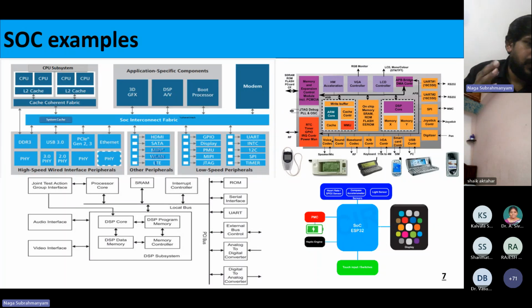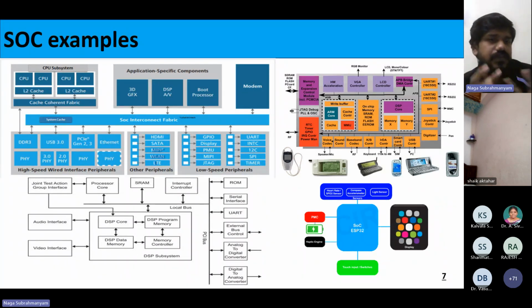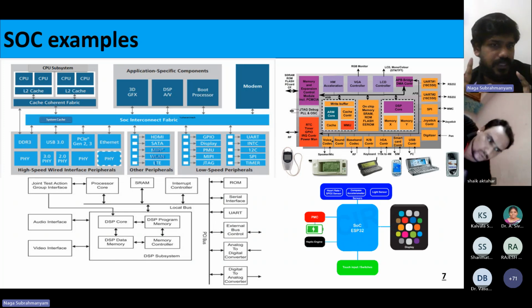So I hope you got the point. Top level verification is different, subsystem level verification is different. Subsystem level verification means you will verify the particular subsystem. Top level verification means the connection between the subsystems we will verify, nothing more than that.